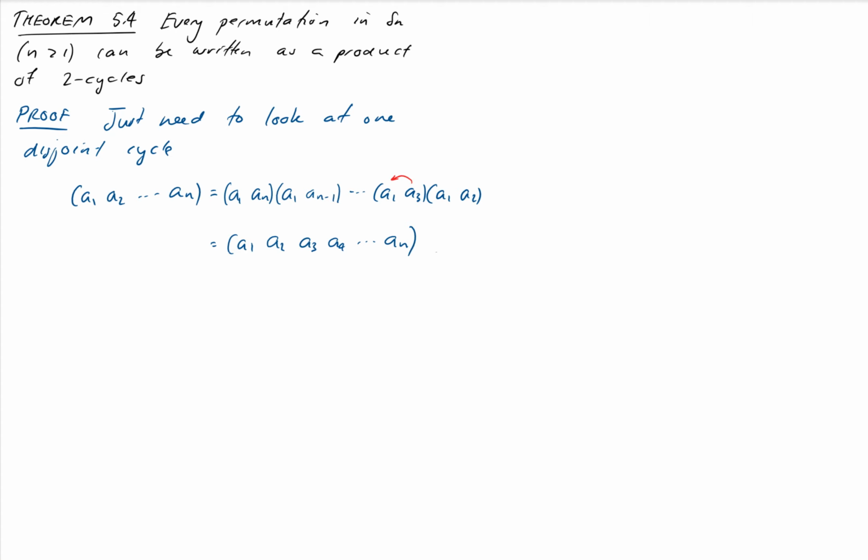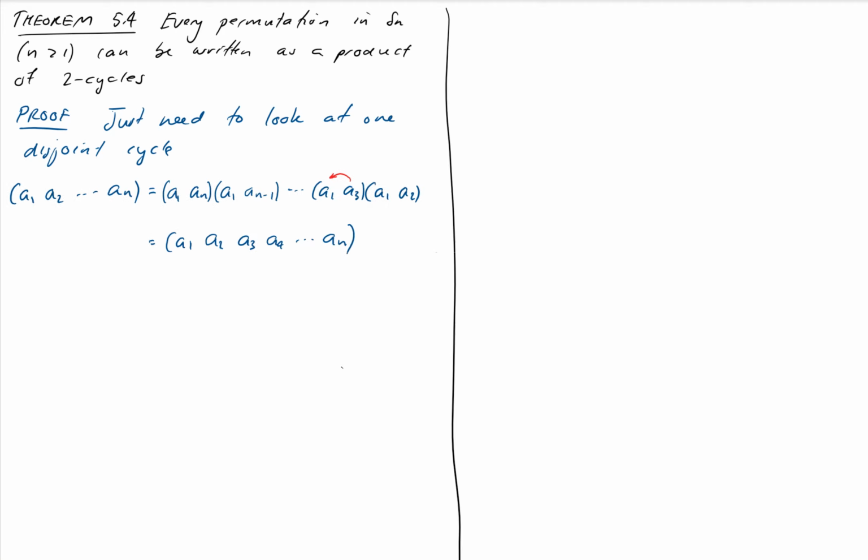Okay, so you can always write down a cycle of any length as a product of two cycles in this way. Just write down the first element in each one, and then write down the remaining elements in reverse order in each pair, and the whole thing just works out. Okay, so let's do it for (1, 2, 3, 4, 5), shall we?